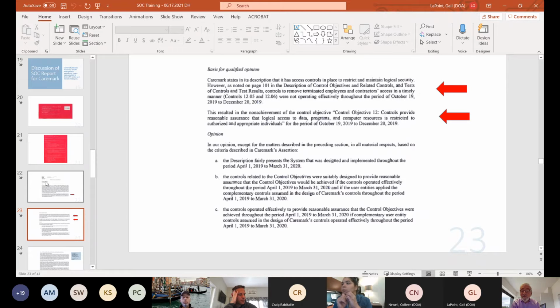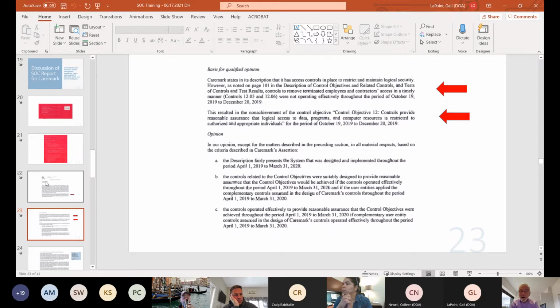Well, they found out through the testing that there was a glitch in the way that system was operating. And in fact, the terminated employees' access was not terminated within the system during that time period. So this was a critical control objective that the auditors tested. They found that it was not operating as intended, and that was considered a significant enough deficiency that they modified their opinion.